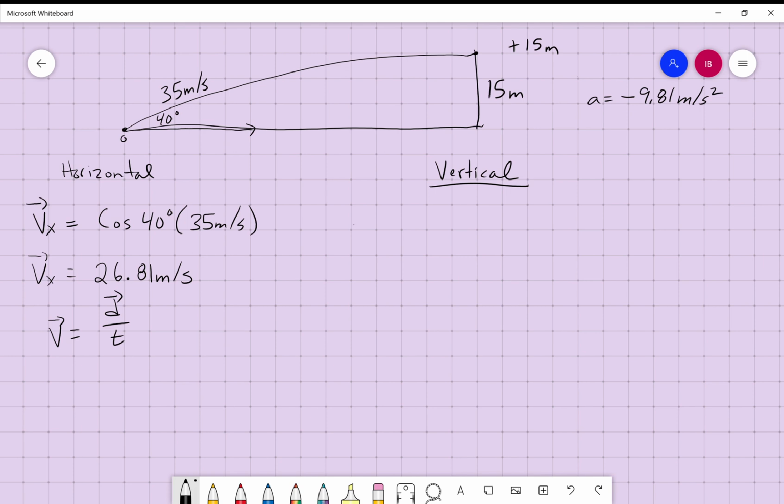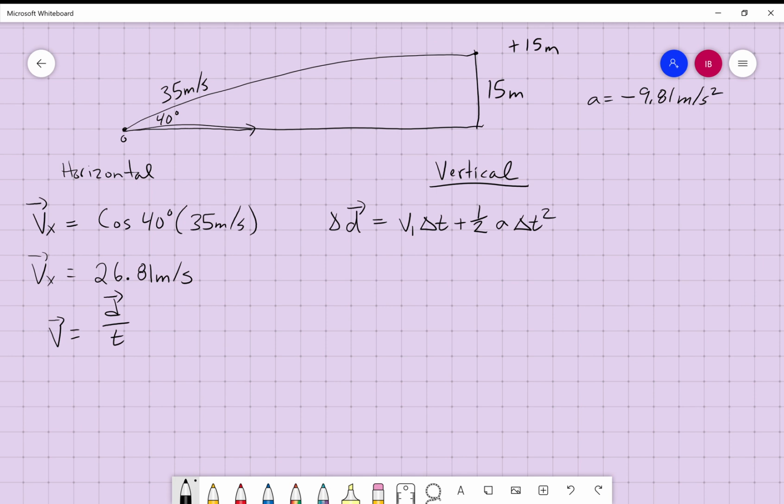The formula we're going to be using is displacement equals v initial delta t plus 1/2 of our acceleration delta t squared.